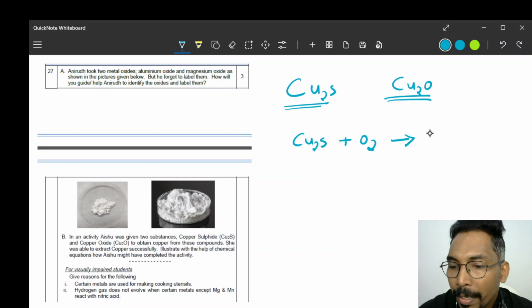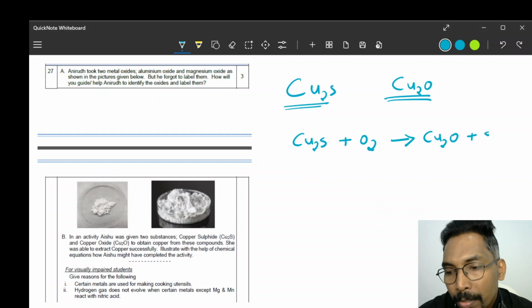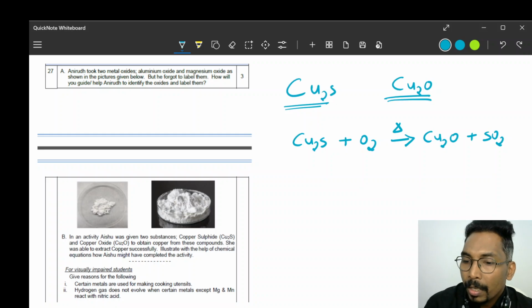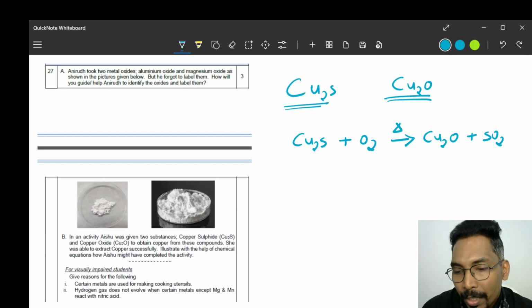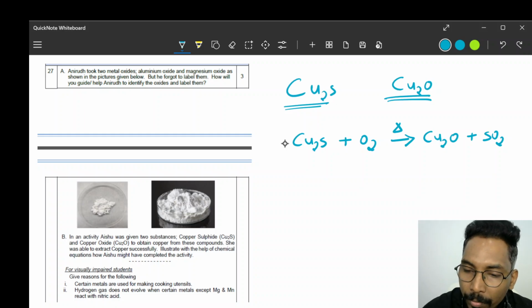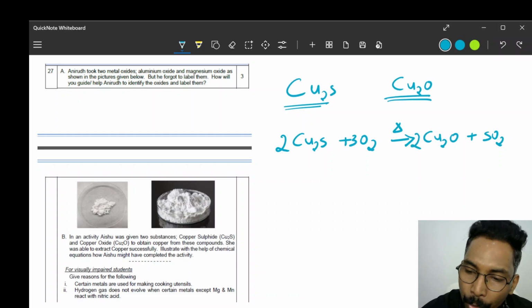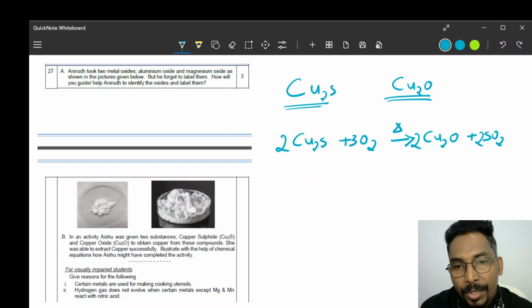Copper oxide, Cu2O plus SO2, heating. You can balance the equation, so that will be like 2 Cu2S plus 3 O2 gives 2 Cu2O plus 2 SO2. So this is the first equation.